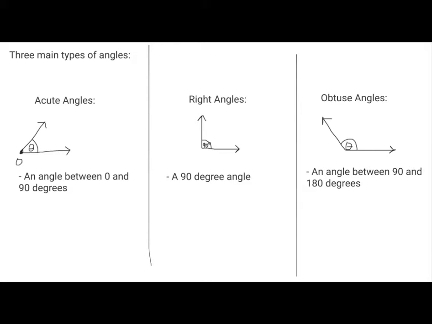Now, more mathematically, we can write this as theta for acute angles must be greater than 0 and less than 90 degrees. And then for right angles, theta is equal to 90 degrees.